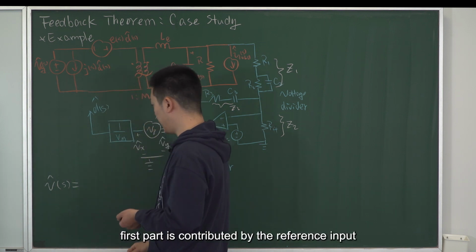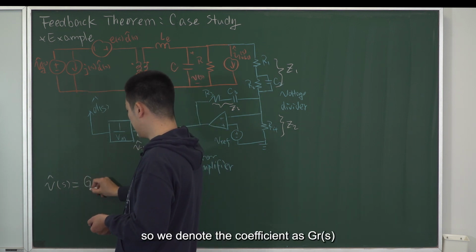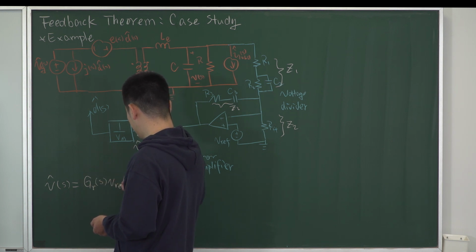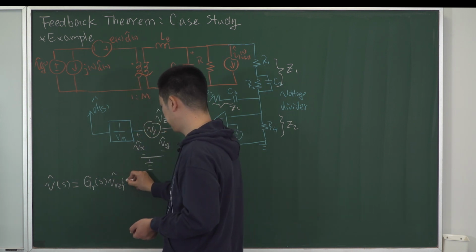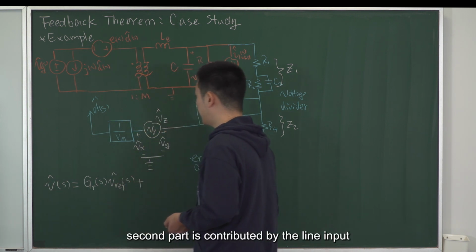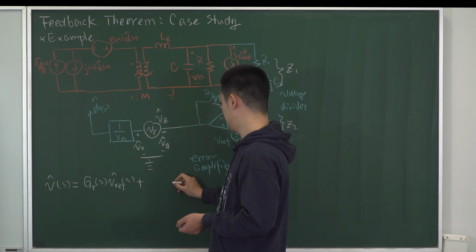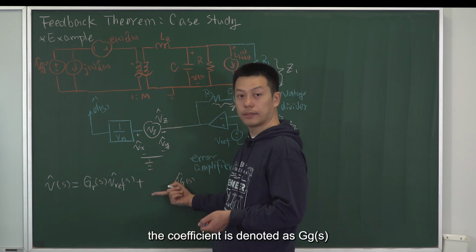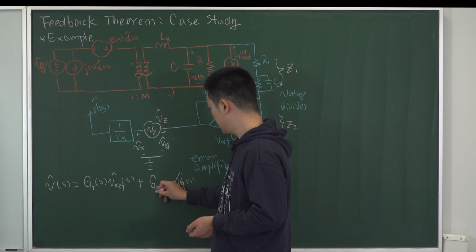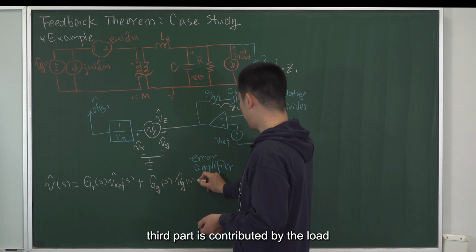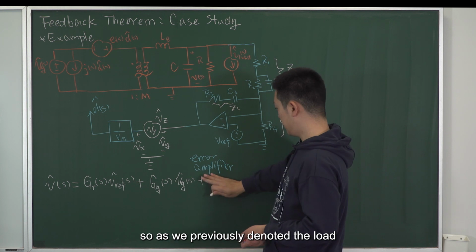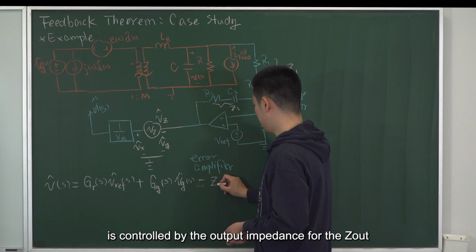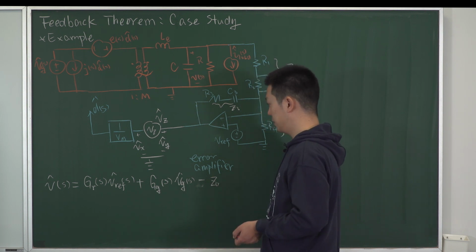The first part is contributed by the reference input, with the coefficient denoted as GR. The second part is contributed by the line input, with the coefficient denoted as GGS. The third part is contributed by the load. As we previously denoted, the load is governed by the output impedance, Z out.